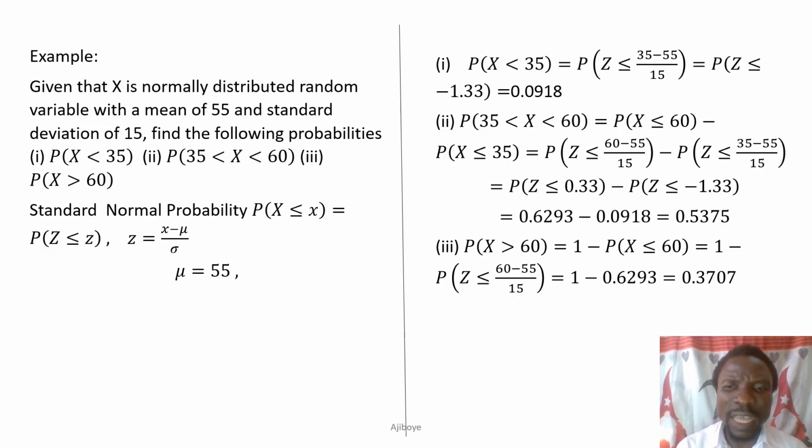And we have already gotten that value earlier. So this will eventually give us 1 minus 0.6293, which, when you subtract or compute properly, you should get 0.3707. You can pause this video in the course of the explanation to verify those values, and also try to change those values and see what you get in your attempt.